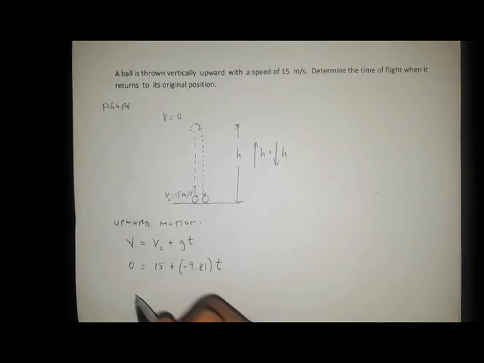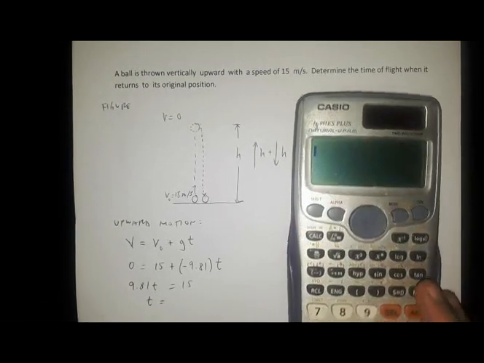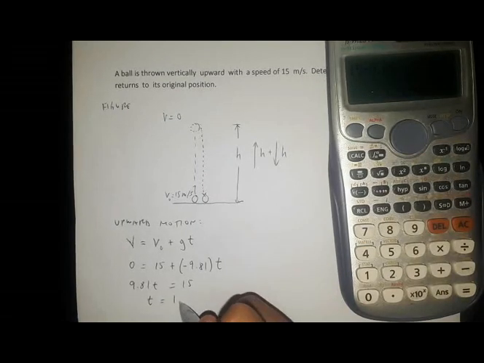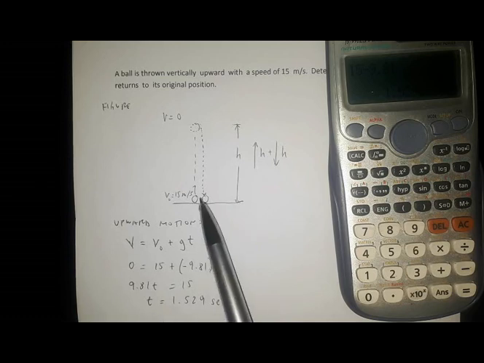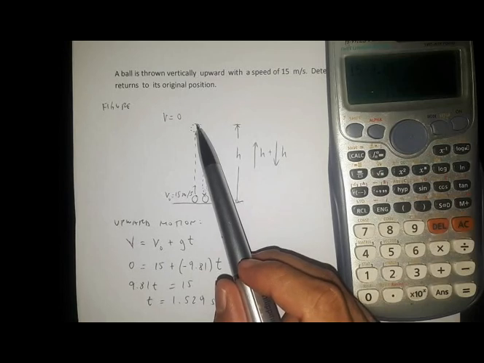By transposition, we have 9.81t equals 15, so t is equal to 15 divided by 9.81, which is 1.529 seconds. So this t is the time it takes to reach the highest position h.